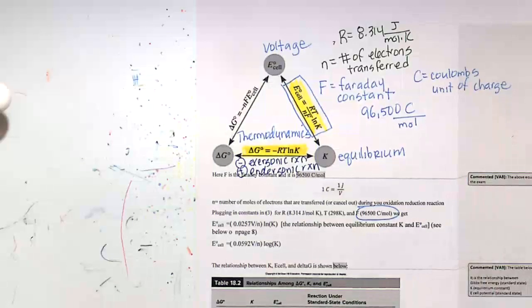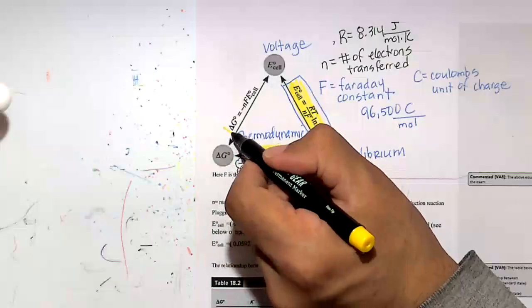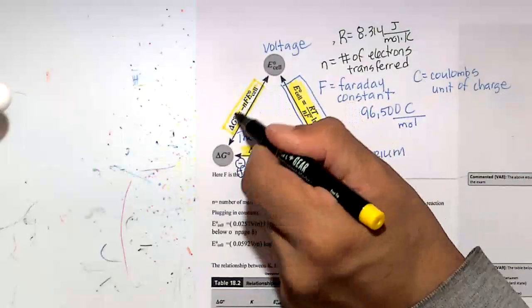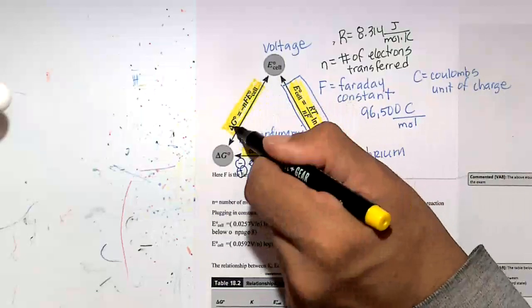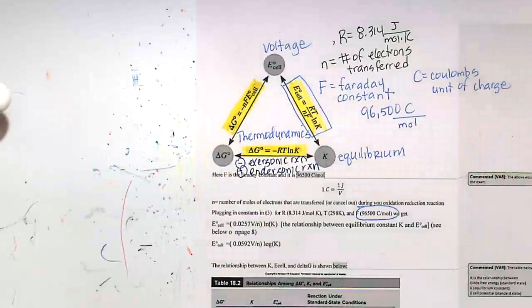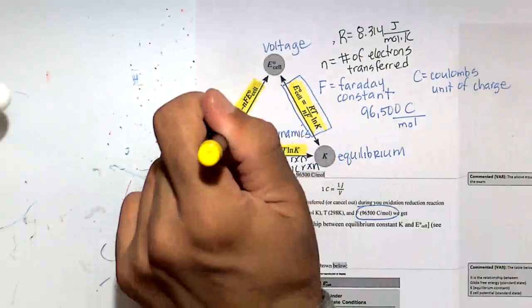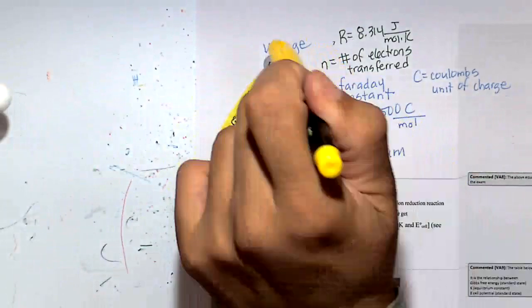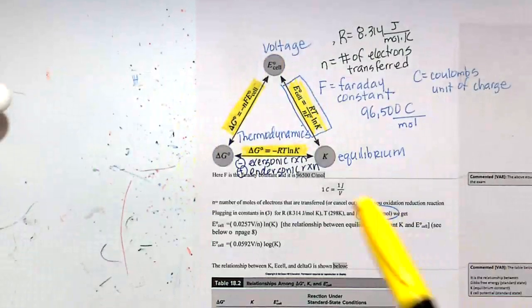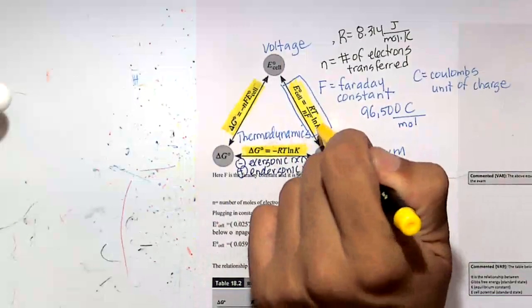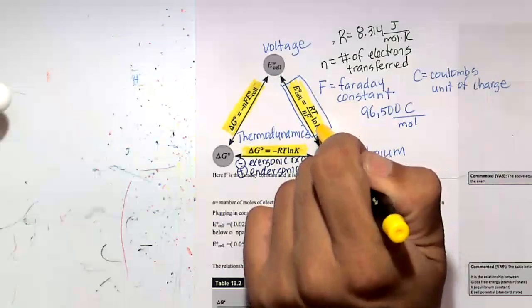And then another equation: delta G is minus nF E cell. So thermodynamics, battery voltage, delta G, K, the equilibrium constant.